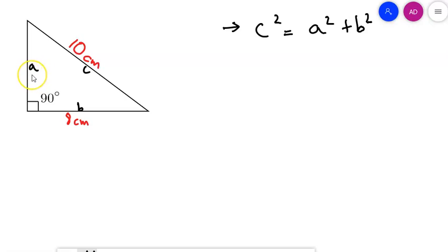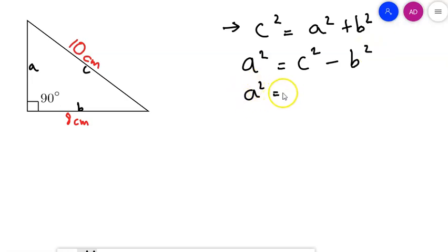So because we need to find the length of A, we start the formula this time with A squared equals the longest length squared, which is C squared, subtract, we're subtracting just like we did for leg B, we're not adding, B squared. Now you substitute the values into the formula.